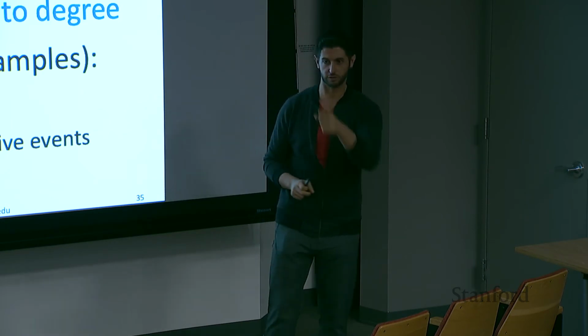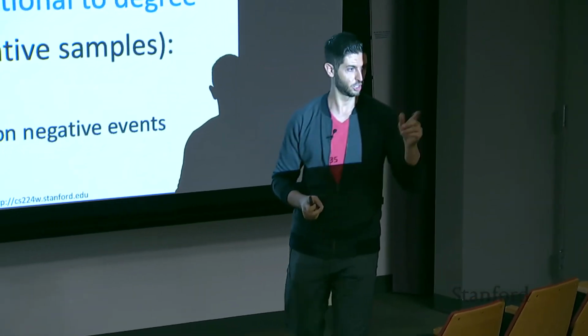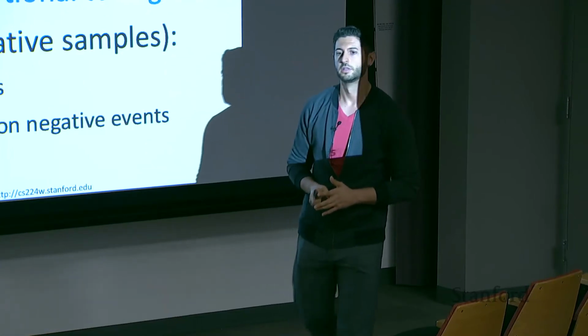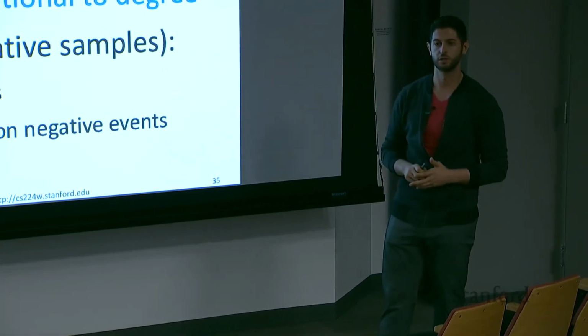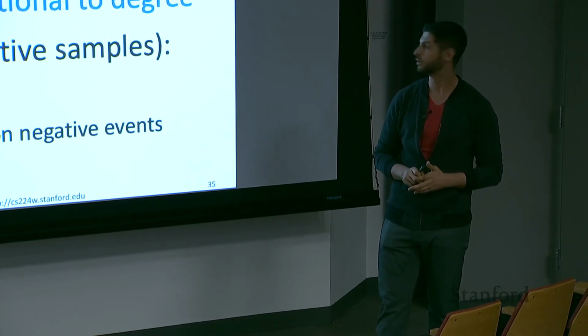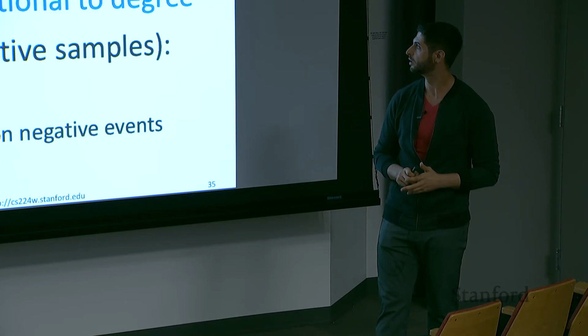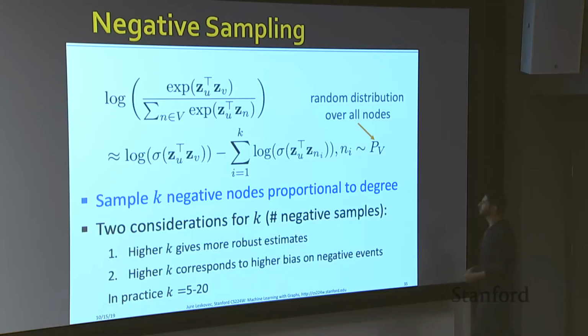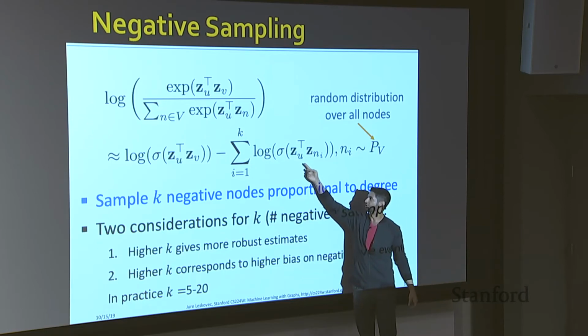Thanks, great question. Do you do anything to restrict the magnitude of these embeddings, or do you just let them go wherever and let this loss function, if nodes are very similar, blow up? Oh, no, yeah, great question. So do we do anything in order to bound the magnitude of these embedding vectors or not?